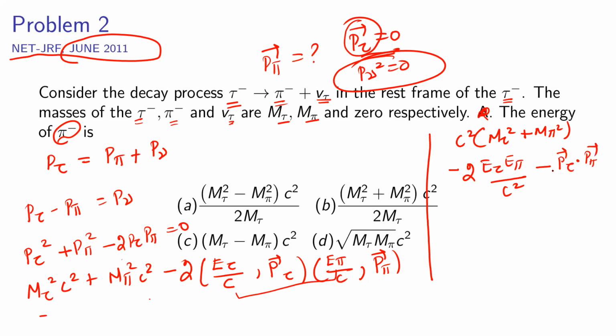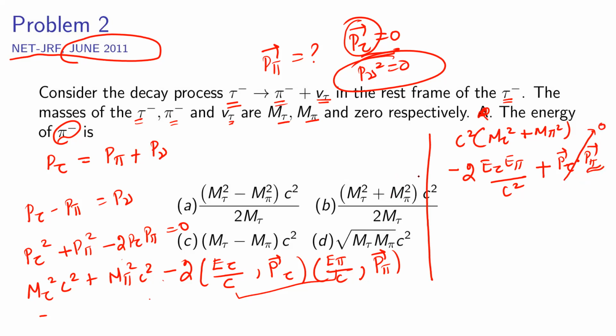There's a minus here, so this will become plus. There's a minus outside. Now what is this P tau dot P pi? It's equal to 0. Why? Because initially this P tau is equal to 0. It's at rest. So this term goes. We have eliminated this P pi.